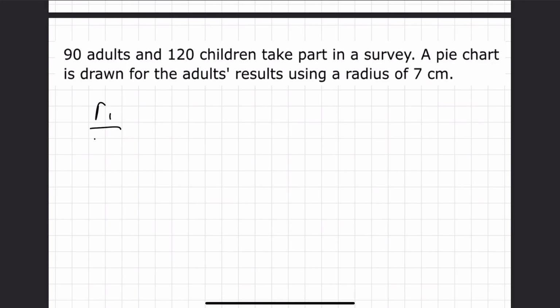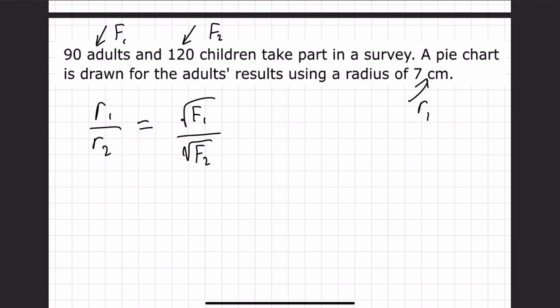Okay, one more just for luck. R1 over R2 equals the square root of F1 over the square root of F2. We've got our F1, our frequency for the adults, 90, and our F2 for the 120 children. And we have our radius for adults, so that's going to be our R1.